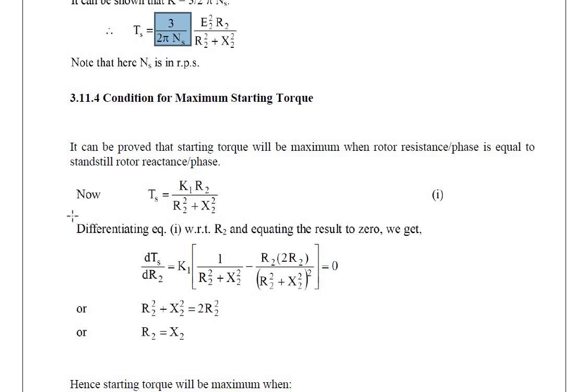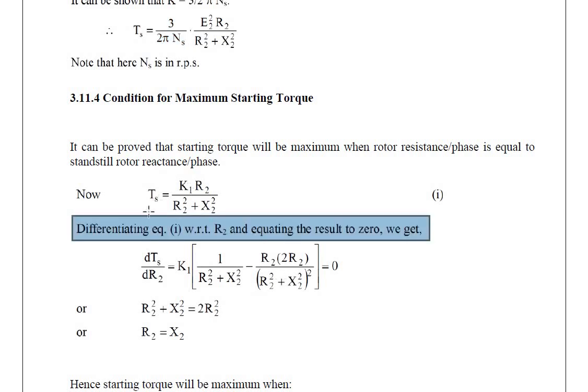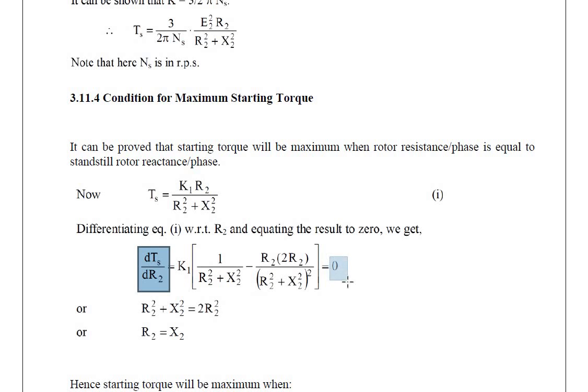Now we have to differentiate the equation of Ts with respect to R2 and compare it with 0. So simple, dTs by dR2 is equal to 0. We have to consider dTs by dR2 is equal to 0 for getting the maximum starting torque condition.